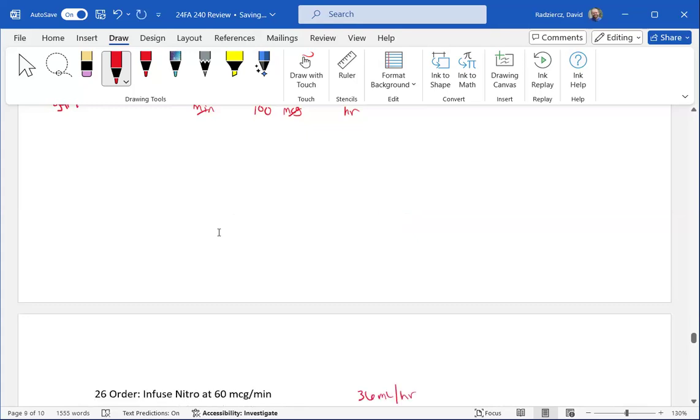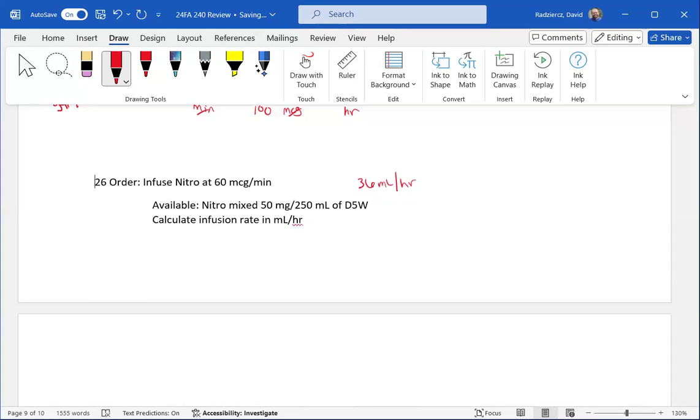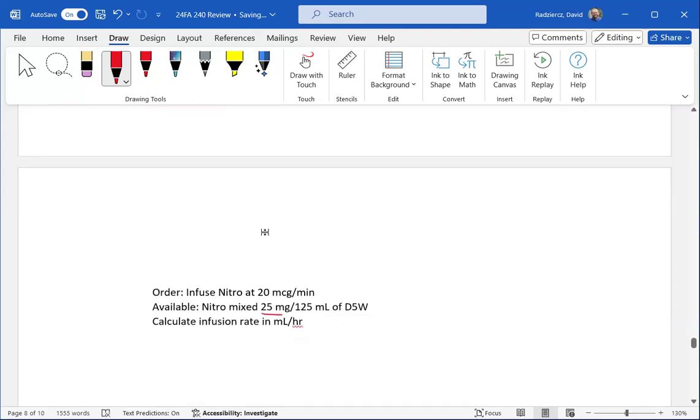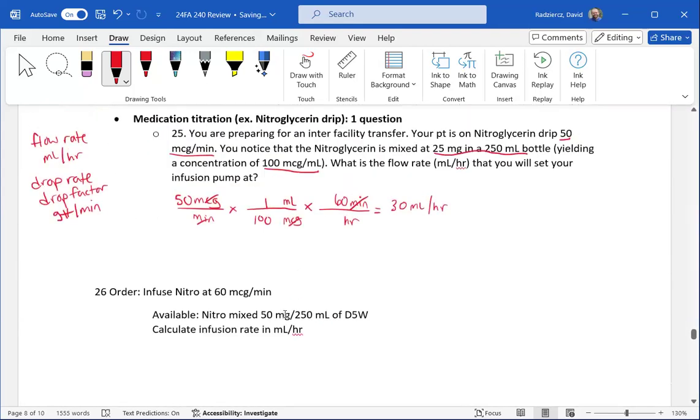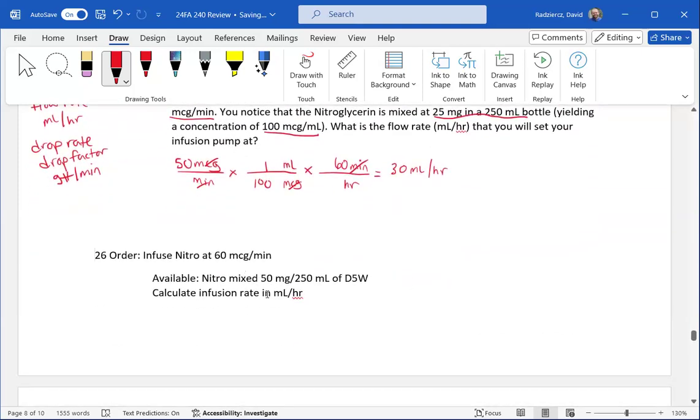So let me just back up here. Okay, so we might need to change this answer. So this is giving us a different scenario. So this actually says 50 milligrams, 250 ml, which is a different concentration. Okay, so let's try doing this question here.